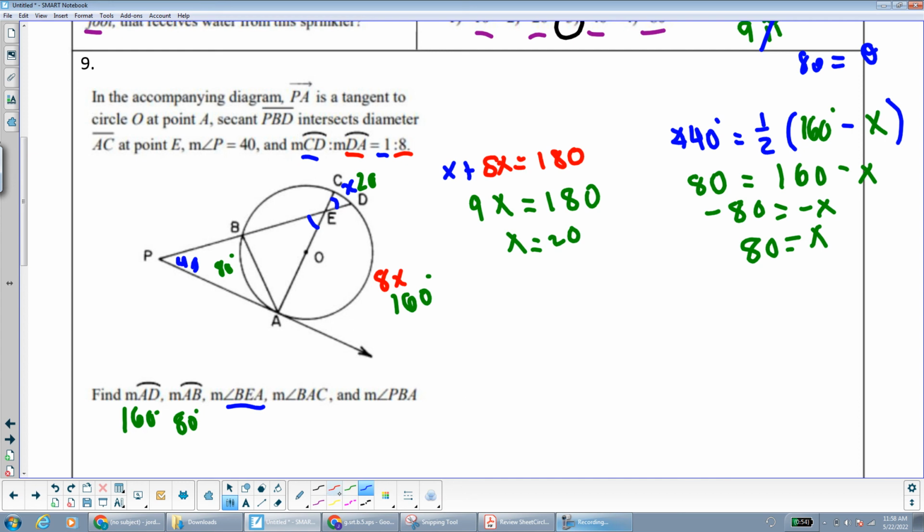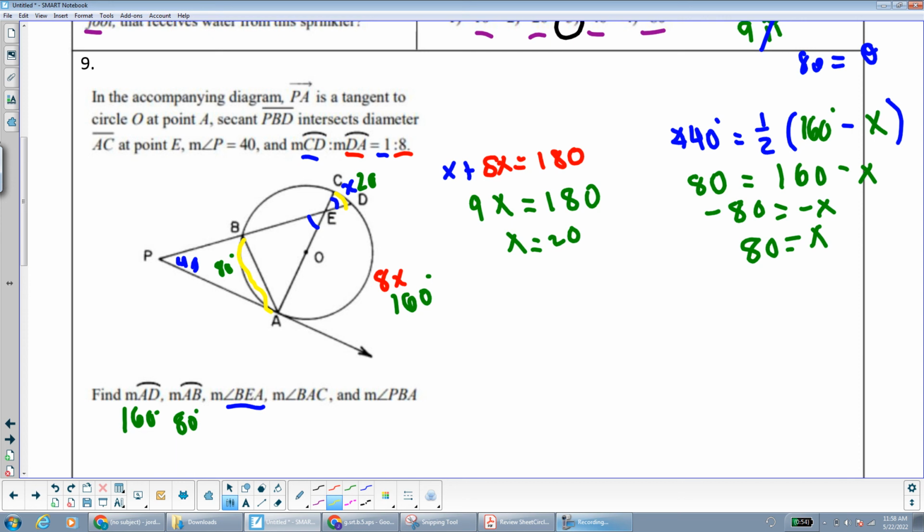And this vertical angle here, BEA, opens up or intercepts arc AB that we just found the measurement of. And this vertical angle over here opens up to or intercepts arc CD, which we already found was 20.